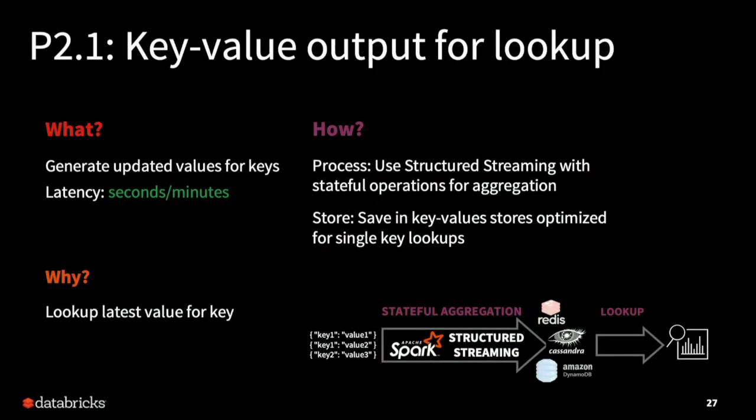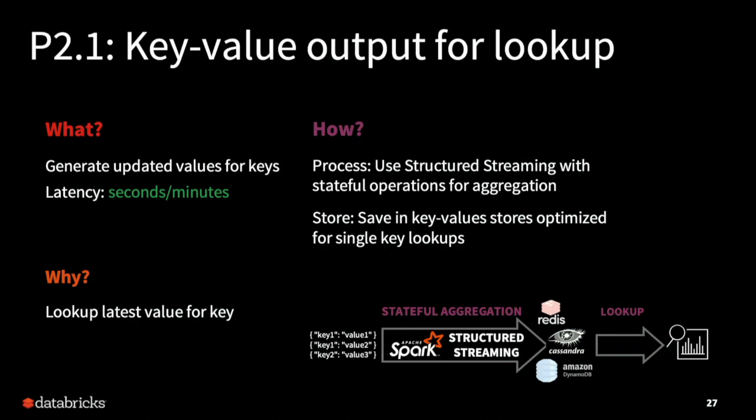So let's say you want the aggregates to be looked up by a website one at a time. For that, Delta is not the best solution. The best solution is to store it in a key value store, which are optimized for single key lookups, like Redis, Cassandra, name any one of them. And so you have to write your streaming query such that you write it out to key value stores, and the latencies you would expect are seconds and minutes.